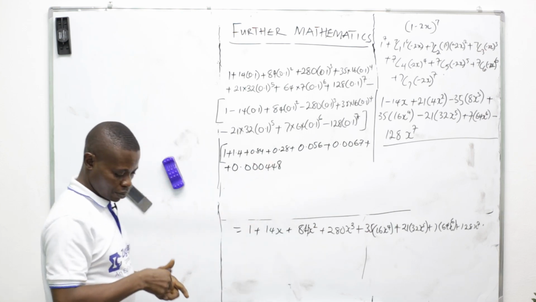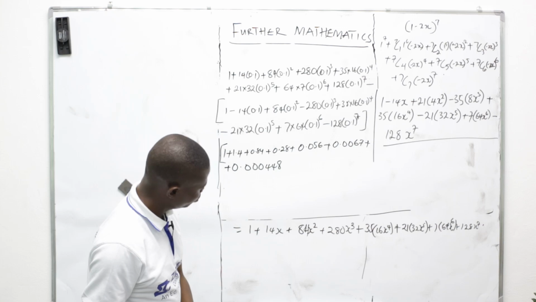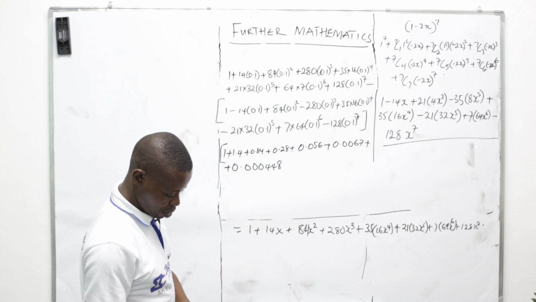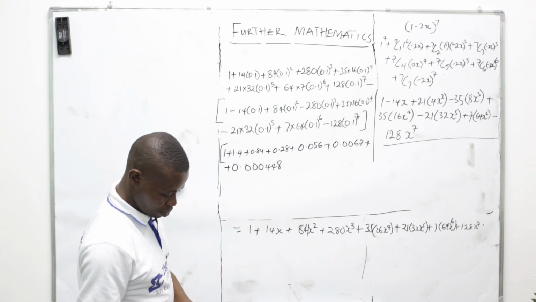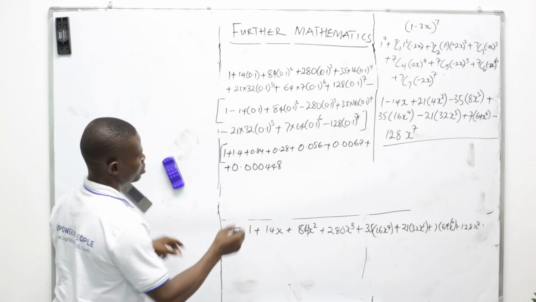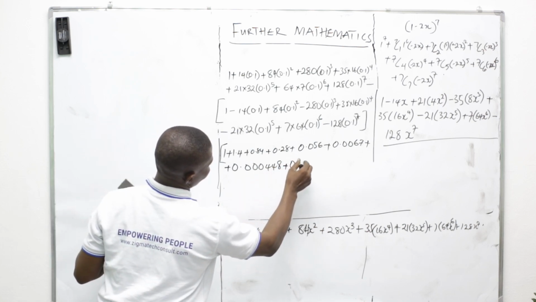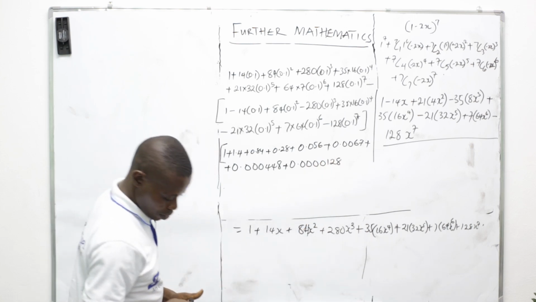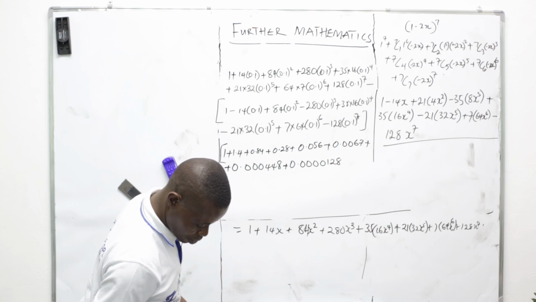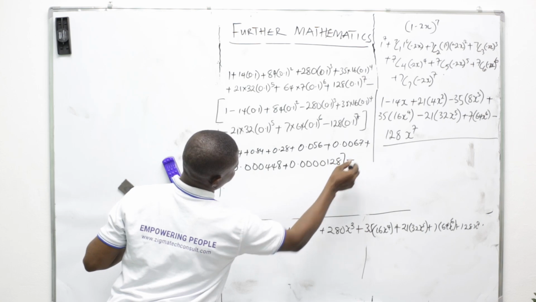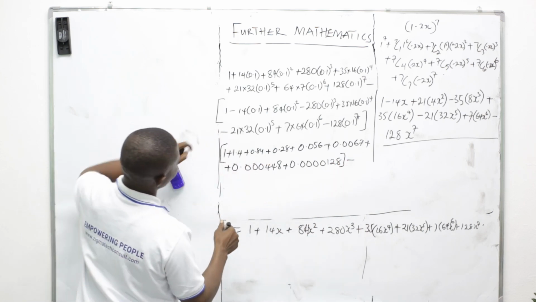Then 0.1 to the power 7 times 128, 0.0000128. Minus the whole of this value.